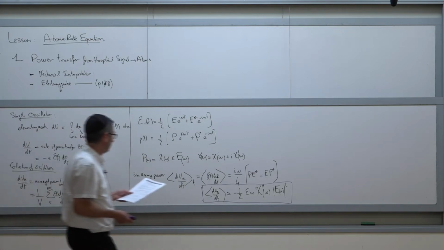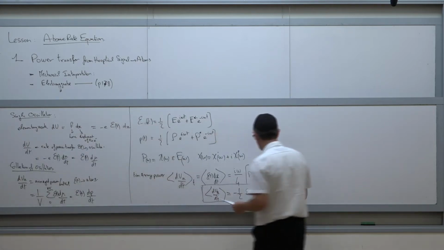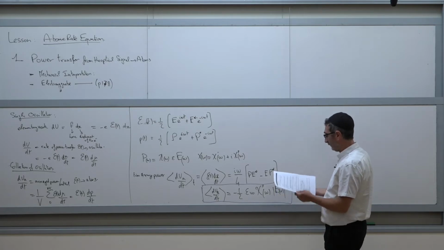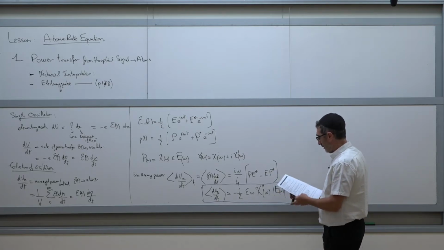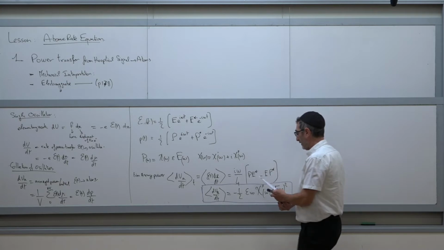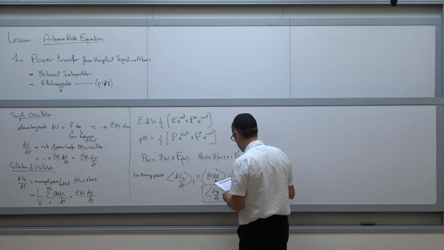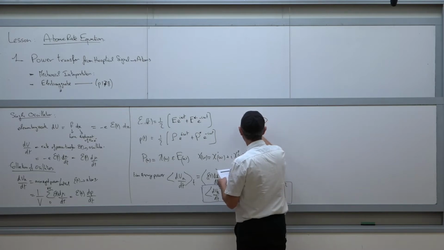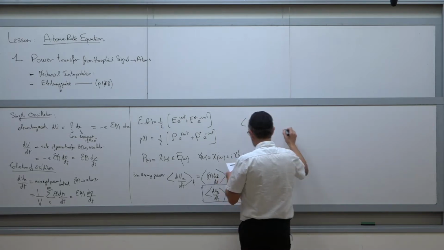So you can actually replace omega second here, and I will do it because I want to show you what it looks like. Let's say I take this expression and write it here: dUA over dt, average over time, is what?